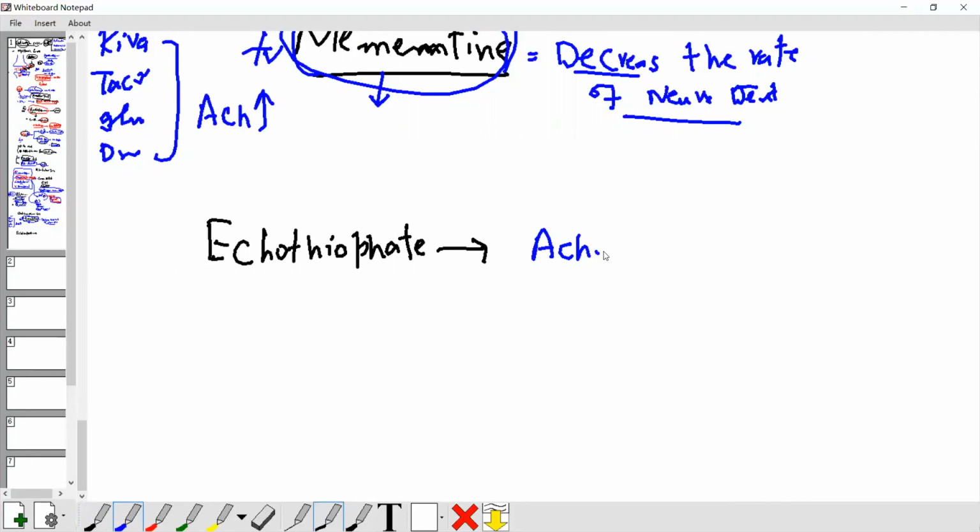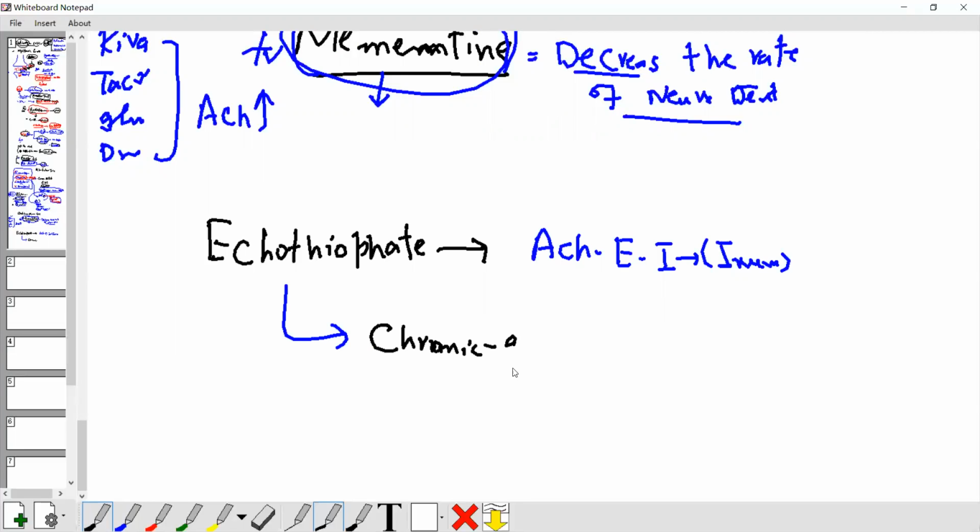It belongs to the acetylcholine esterase inhibitors, but this drug is irreversible. This drug only has eye uses. We use it for chronic glaucoma.